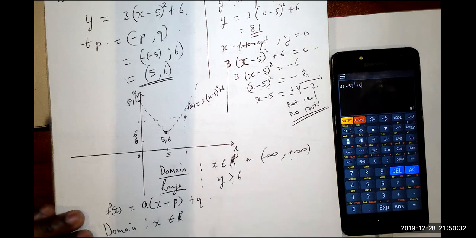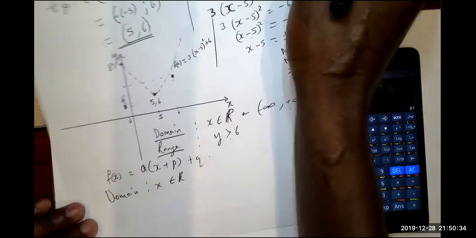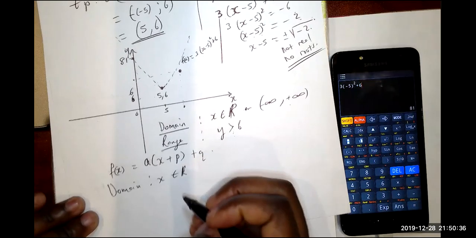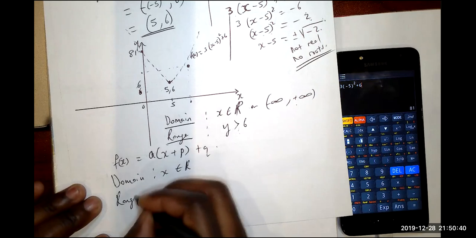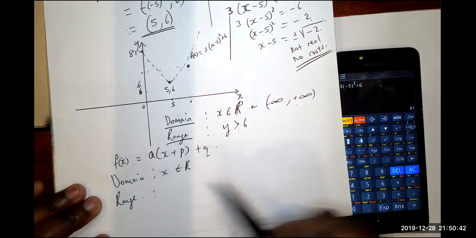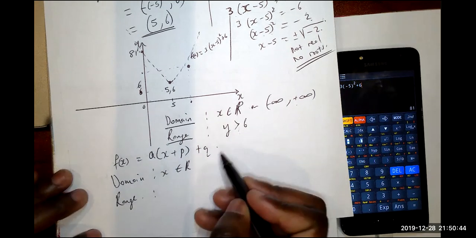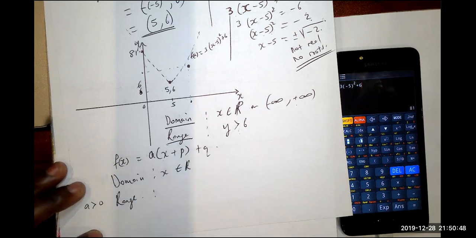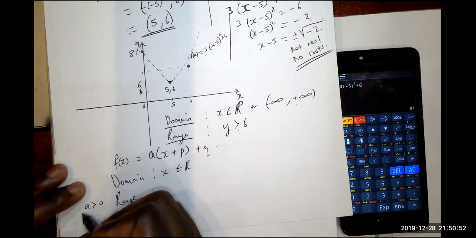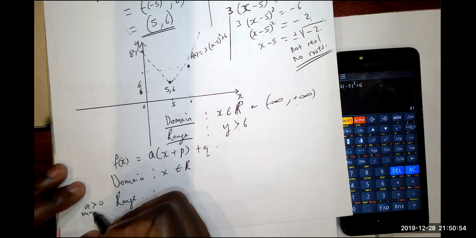As long as it's a quadratic function, x is an element of real numbers. Then the range: when a is greater than 0, it does have a minimum.